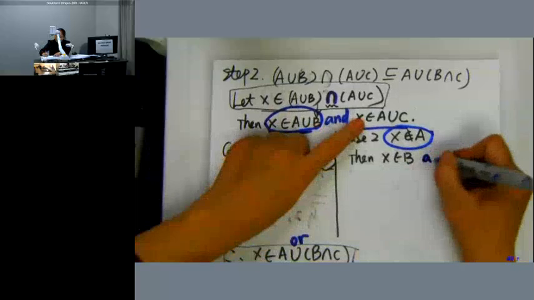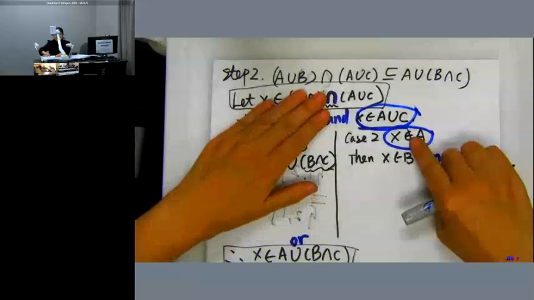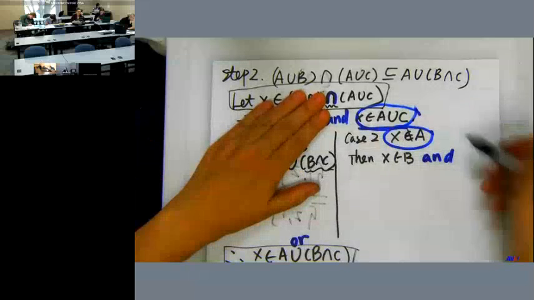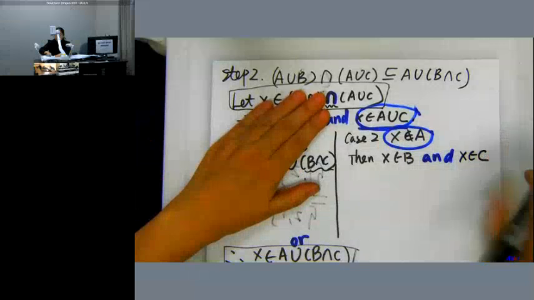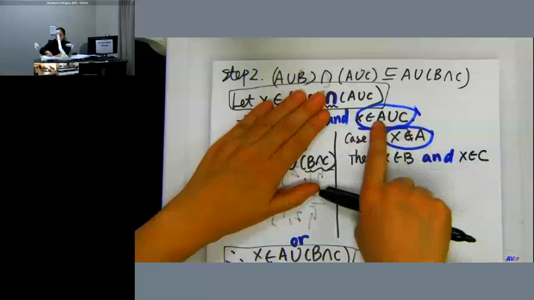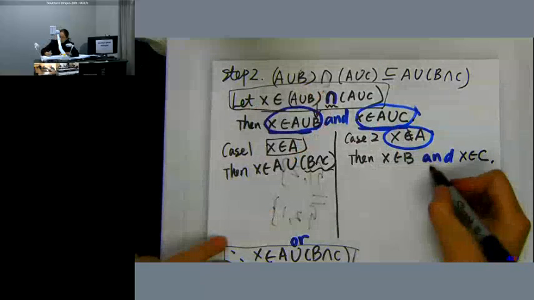Similarly, by looking at the second one and the case assumption, what conclusion follows from that? x belongs to C. Very good, right? If x is in the union, x has to be in one of them. If x is not in A, it has to be in C. Okay, combining these two, what do we get?